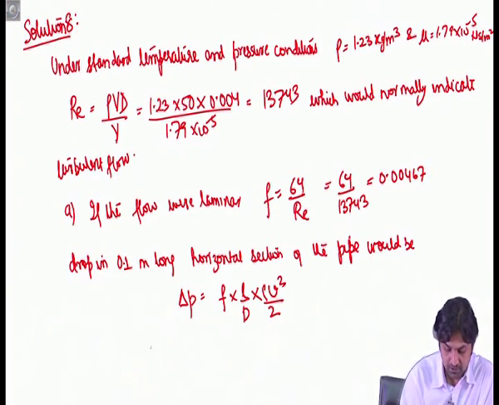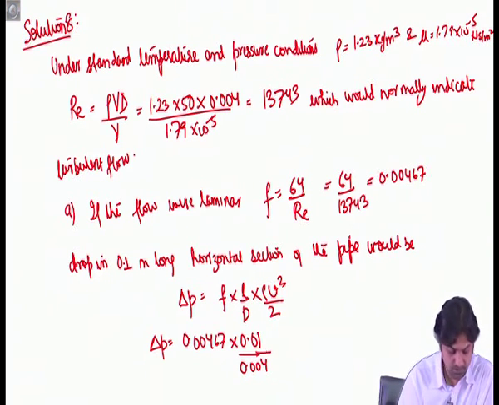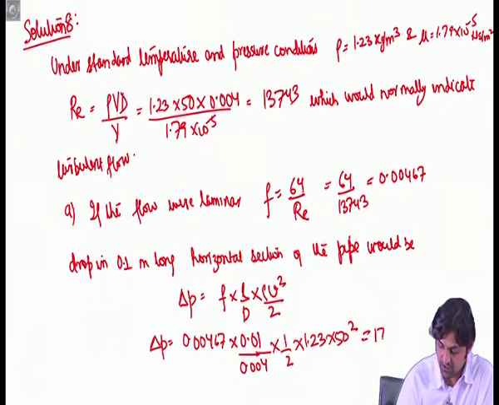All right. So delta P is going to be, F is 0.00467, length is 0.01, diameter we already know, 0.004, into half into rho is 1.23, and V square is 50, and this is going to be 179 Newton per meter square.